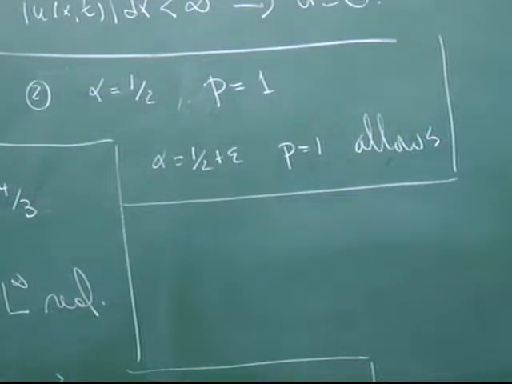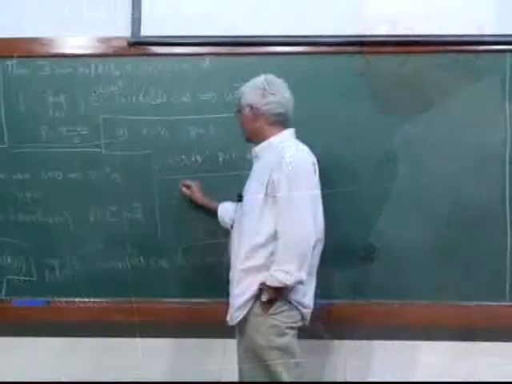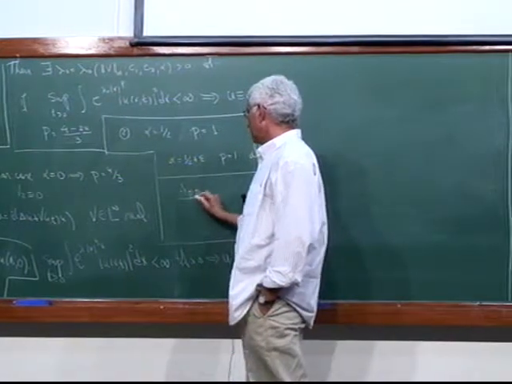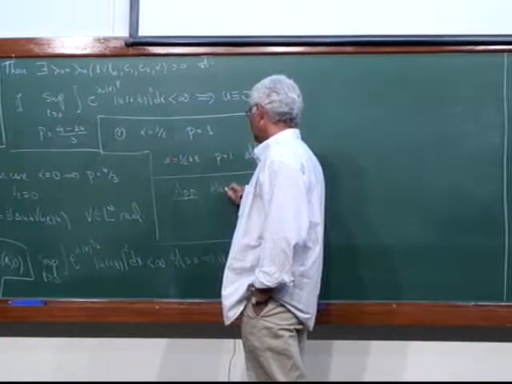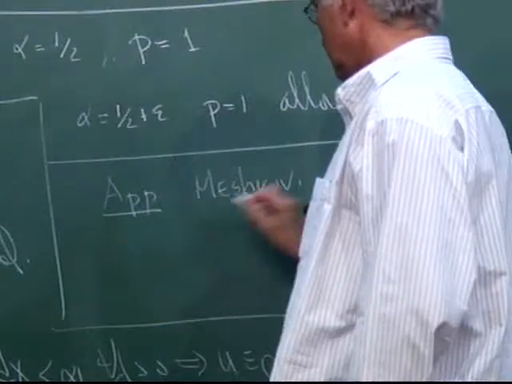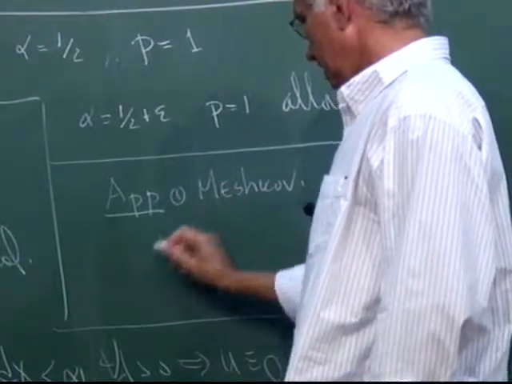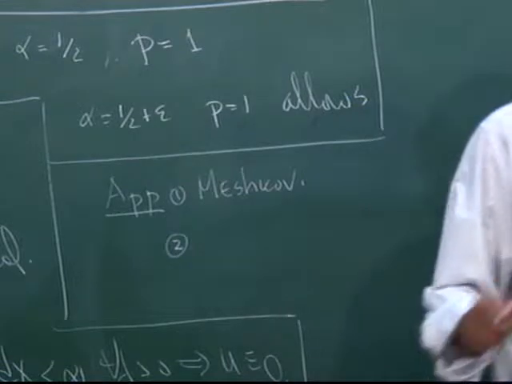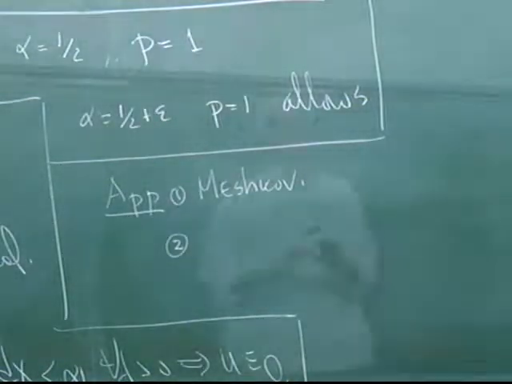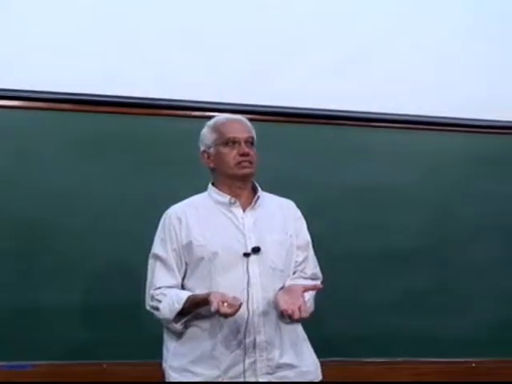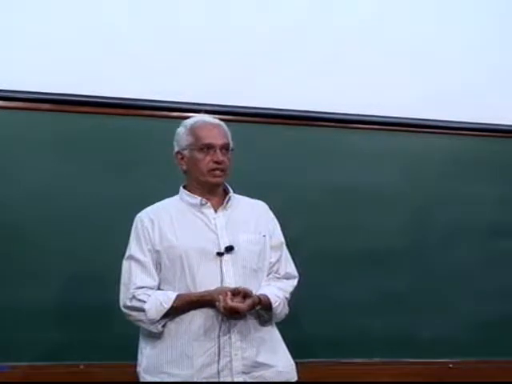We are going to give two applications of this. One application is the Mesh curve result that we already talked about, and we will recall it. The other one has to do with the structure of the blow-up in the critical case of this semilinear Schrodinger equation.